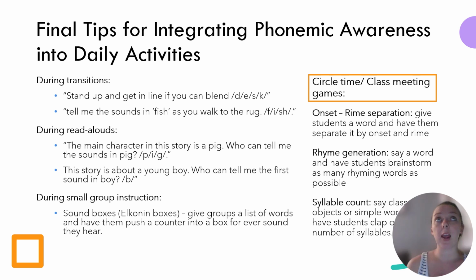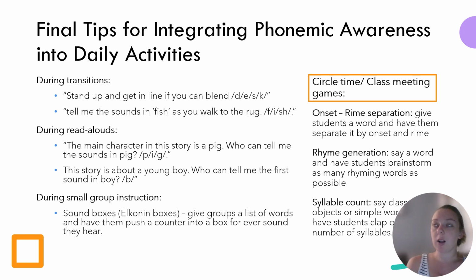And then another game that you could do during circle time would be syllable count, so you could go around the circle and have students say their name and count out how many syllables are in their name. Let's say you have a student named Aaron. He says, my name's Aaron, Aaron. Okay, that's 2 syllables.